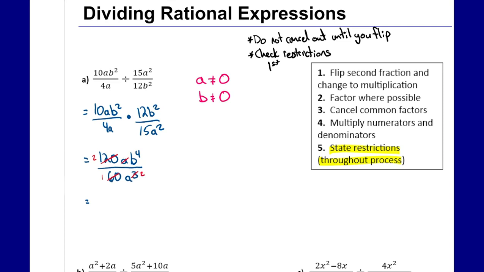That way you don't even have to worry about getting a negative fraction and then flipping it. So I'm left with 2b to the power of 4 divided by a squared. That's my simplified expression, and my restrictions are a cannot equal 0 and b cannot equal 0.